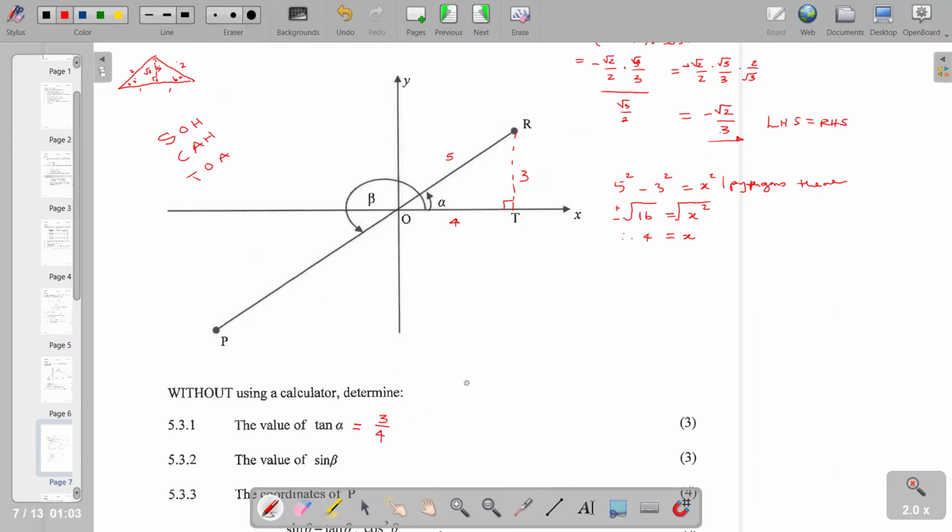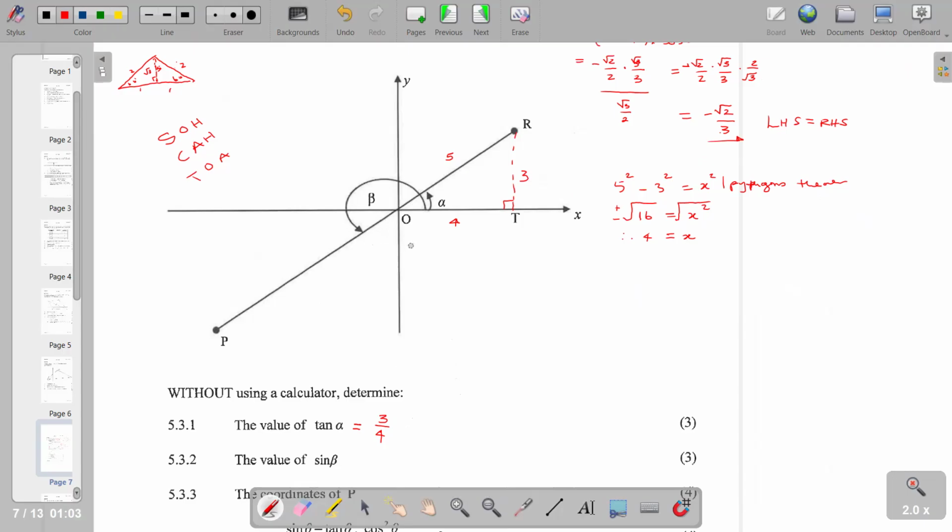Then the next question is saying, find the value of sine beta. But if we check from what is here, beta is from here to that.